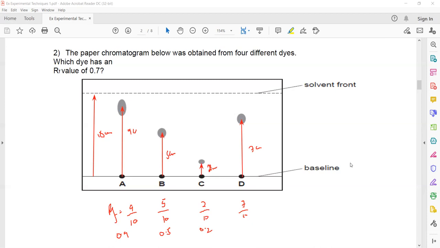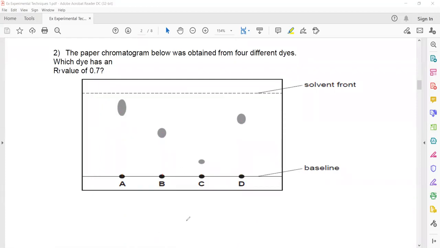But you will measure with a ruler from the origin, we measure from the origin till the center of the spot, we measure that length. So this will come out as 0.7, so the correct answer will be D. Whenever we are measuring the distance of the spot, from where do we measure?